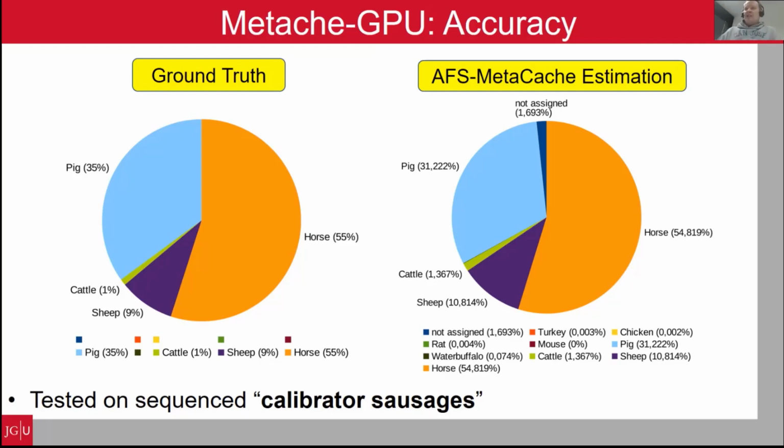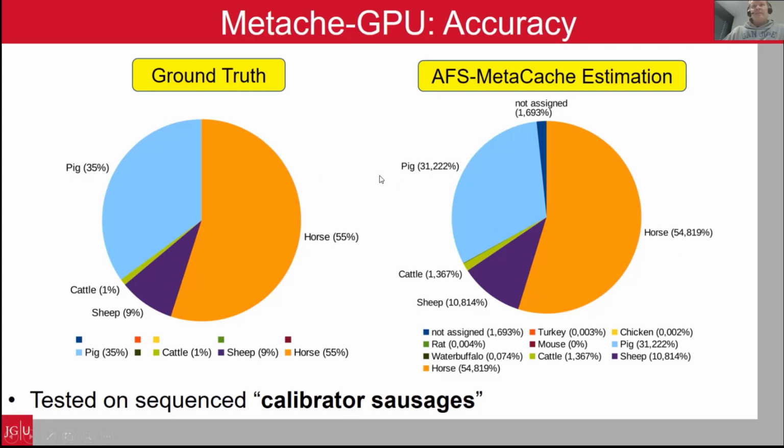Here's an example of a sausage, which is a horse sausage. I know horse sausages are not that common, but you can still buy them at different markets, also in our region. This sausage had 55% horse, and Metacache-GPU found 54.8% horse, which is quite close.